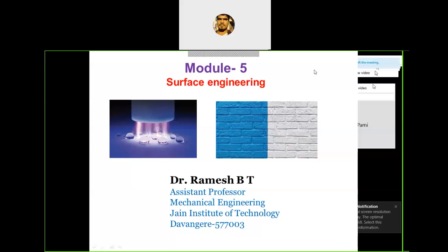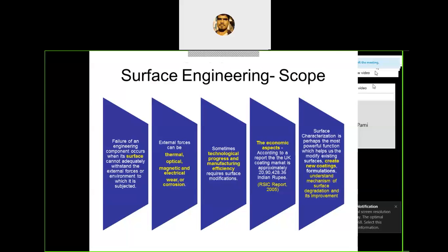So that's why surface engineering directly contributes to the life or tribological solution of the component. So this is the surface engineering scope. Why do we have to study surface engineering? What is its importance? Briefly, I will explain.